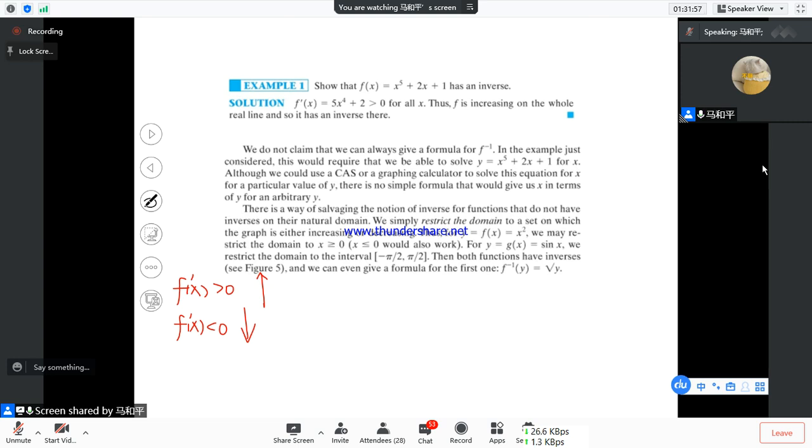So we should find the first derivative. By the power rule, f'(x) is 5x^4 + 2. Of course, it's positive. So f is increasing on the whole real line, and so it has an inverse there.